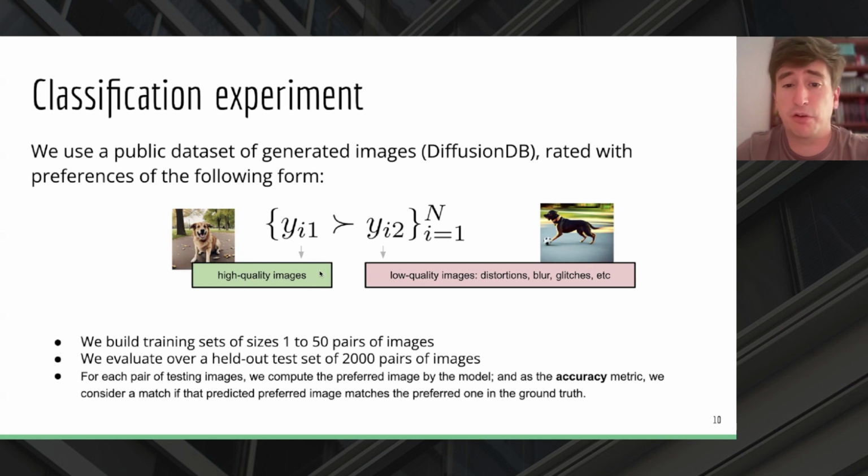For each pair of images, once we learn with the training set, we predict over the test set the pair of candidates, and then we score a match. So the accuracy is 1 if the preferred image matches the ground truth, or 0 otherwise. I think this is the clearest way to define the accuracy in this kind of pairwise dataset setting.